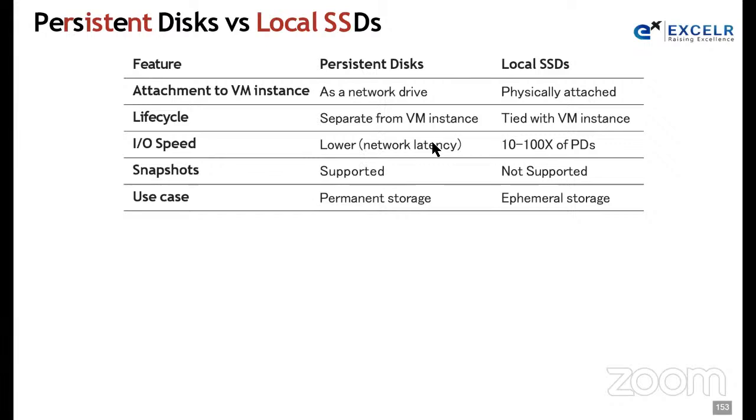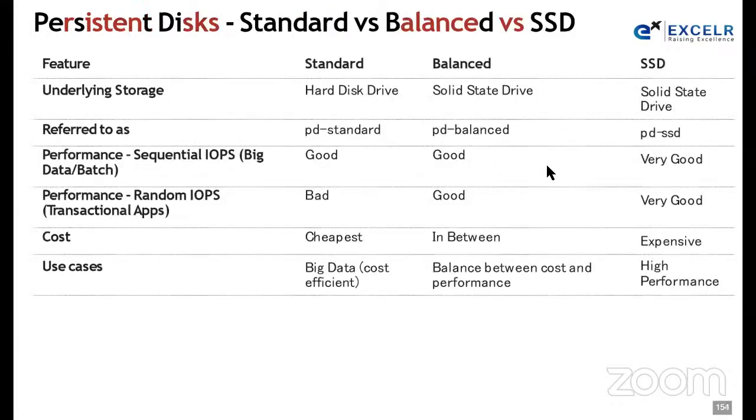Snapshot functionality is supported with your persistent disk, whereas for local SSD it is not supported. Snapshot, as we have already seen, is nothing but a point in time copy of your disk. Use case for PD is permanent storage, and for local SSD it is ephemeral storage.